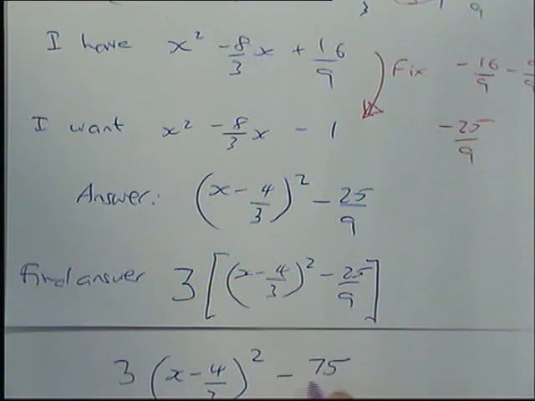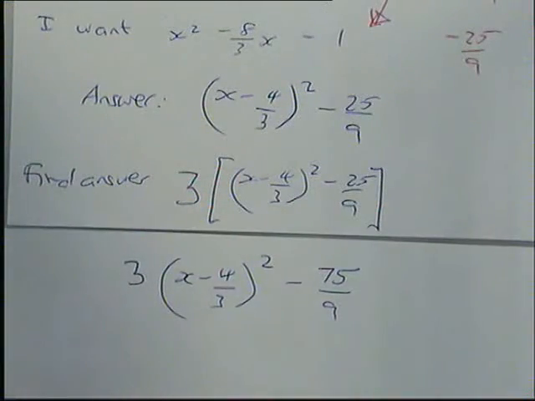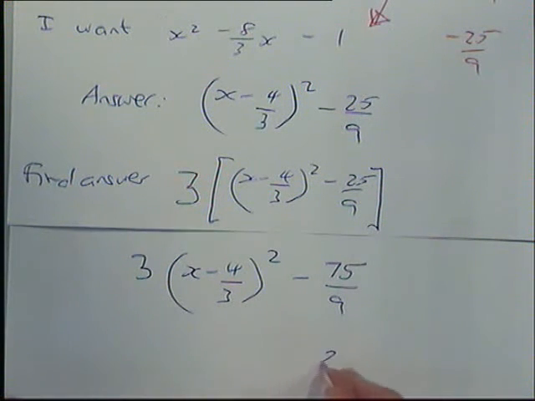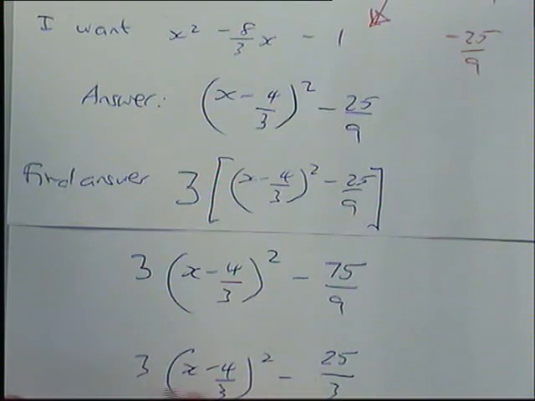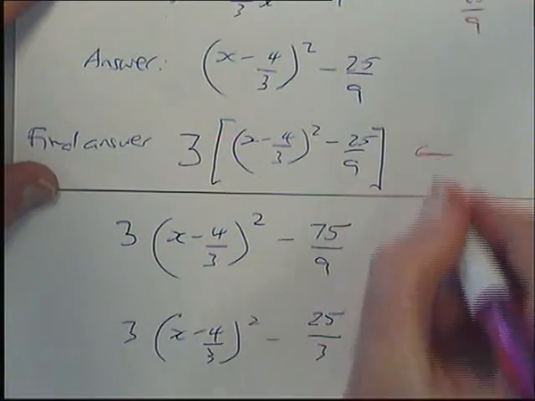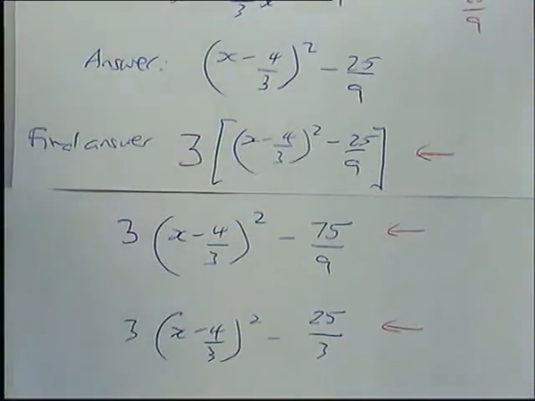You can either times the top and leave it like that, or you can say, well, hang on, 3's going to both of those numbers. 3 goes into 75 25 times, 3 goes into 9 3 times. So, either of these 3 lines here are perfectly acceptable answers. They're all the same. Okay? They're all the same thing.